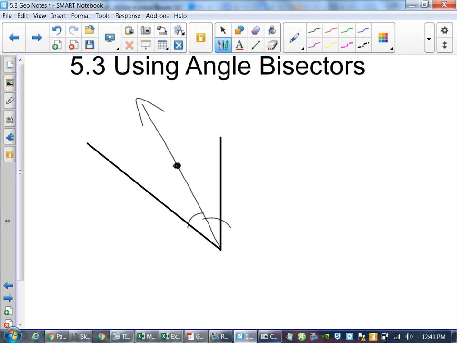Now, what I mean by equidistant is that it's going to be congruent, but the way that you measure distances, the shortest distance between two points, is via a right angle. We call it a perpendicular distance.